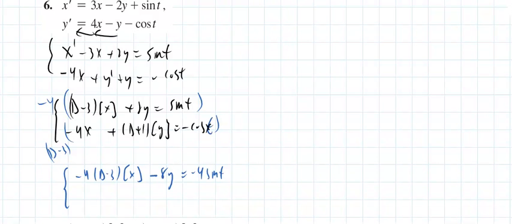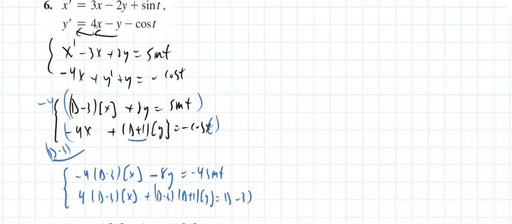On the bottom, wouldn't I get 4 times (D minus 3) operating on x plus (D minus 3) times (D plus 1) operating on y equals the derivative minus 3 of negative cosine of t.